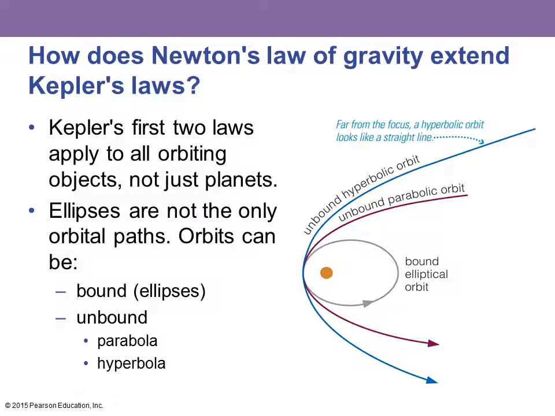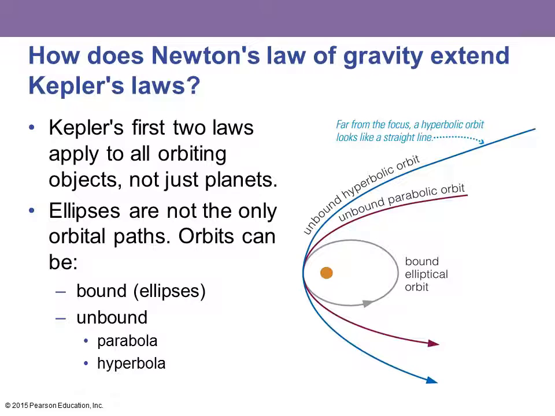So how does Newton's law of gravity extend Kepler's laws? Well, Kepler's first two laws apply to all orbiting objects, not just planets. And ellipses are not the only orbital paths. Orbital paths can be bound, which means it's an ellipse, it's a true orbit. So the grayish ellipse there is something where a planet is going to move around the sun in an ellipse.